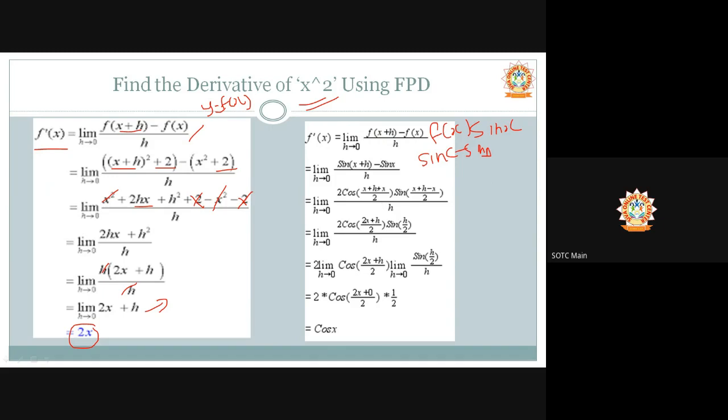So here x plus h plus x, that is 2x plus h by 2, sin of x plus h minus x, that is h by 2. So you have 2 common, then limit of cos of 2x plus h by 2 taken as one term, and limit h tends to 0 of sin h by 2 by h, right?